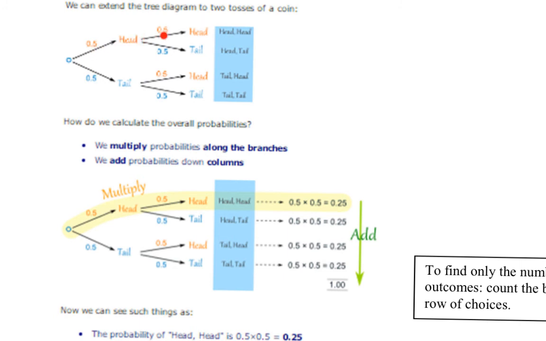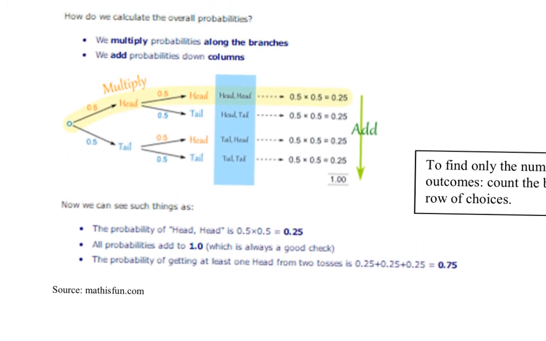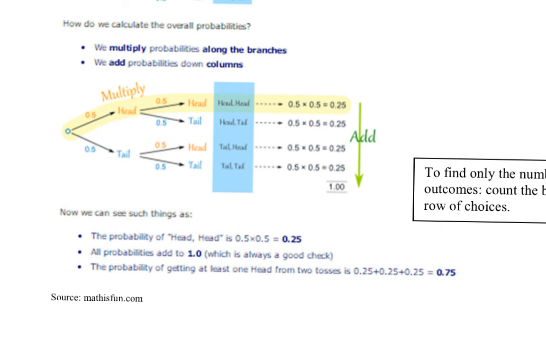So 0.5 times 0.5. And so all probabilities should add to 1, because the probability of everything happening is 1. 1 is 100% chance.